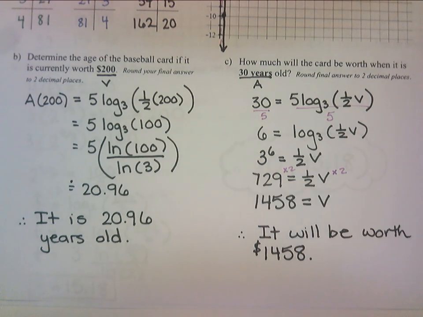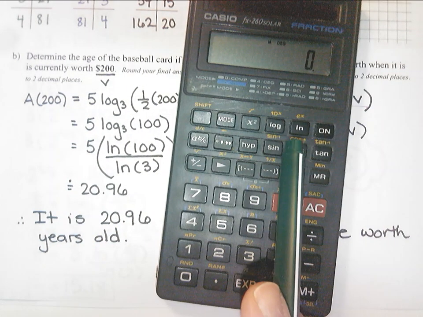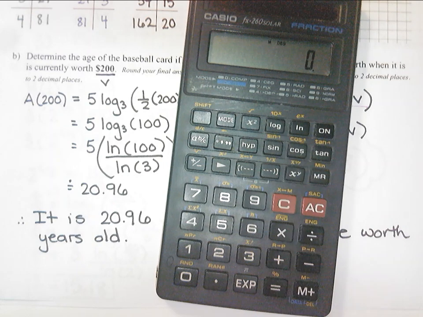Log base 3 of 100 is going to be a decimal. 100 is not a nice power or a perfect power of 3. So I knew that on my calculator I can only do log, which is log base 10, and ln, which is log base e. So I needed to convert it into one of those two bases.